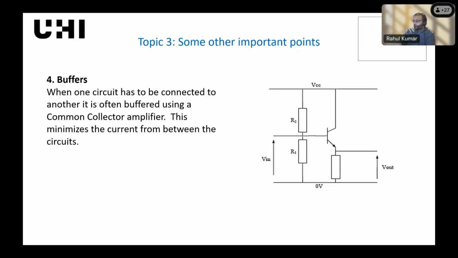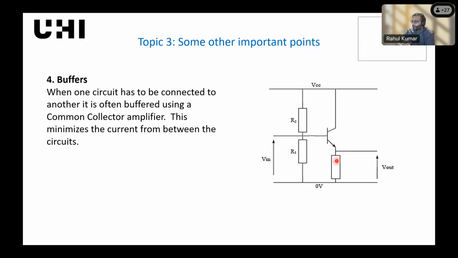So what we are doing is connecting our output to the emitter of this transistor. So this is your level shifter, and you are connecting the output to the input of this transistor.